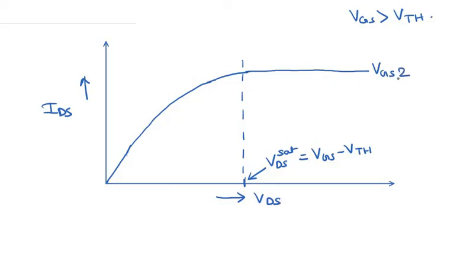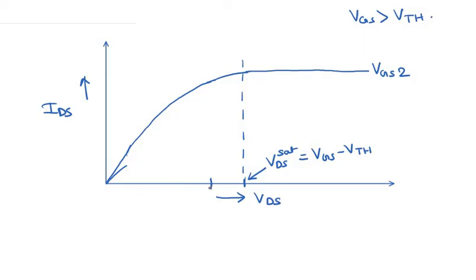Now if we decrease the value of VGS, one point is that this saturation value of VDS would actually be reached at a lower value, because if we decrease VGS, then saturation would be reached at a lower value.